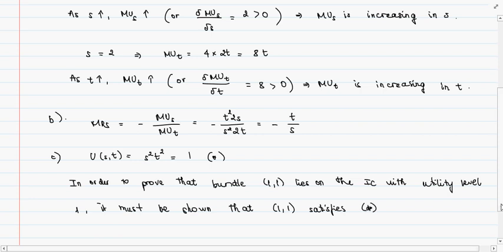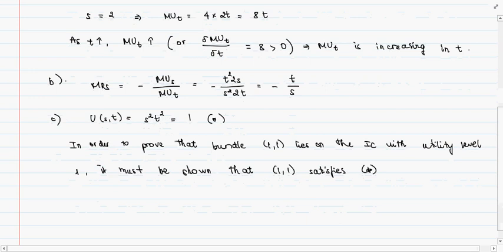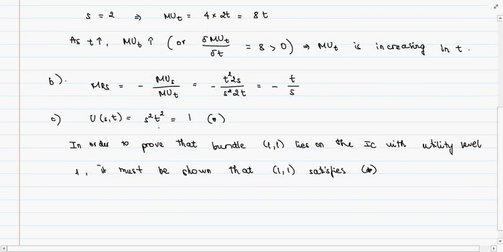Now if you substitute bundle 1 and 1 into here, which is s equal to 1, t equal to 1, it's obvious to see that it's equal to 1, which satisfies the equation. So if we substitute 1 and 1 into star, then we get 1 squared times 1 squared equal to 1, which is right.